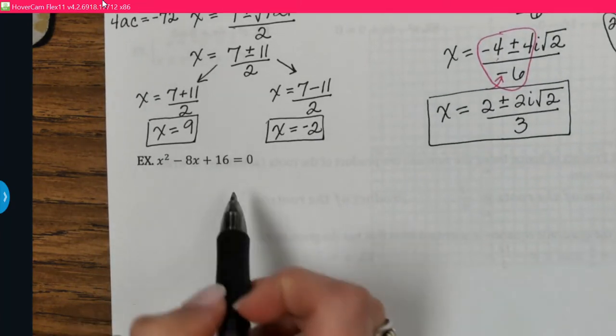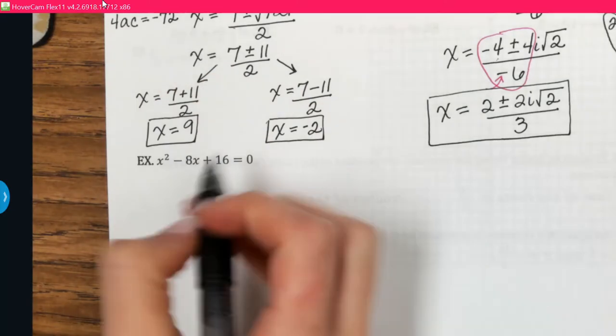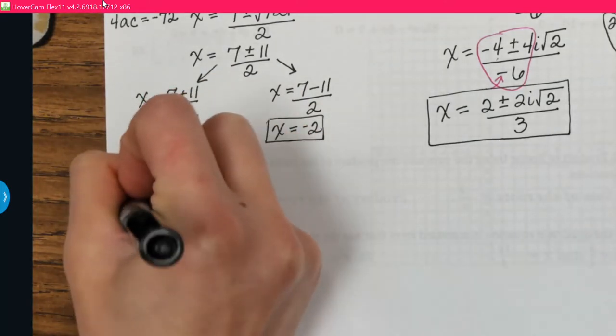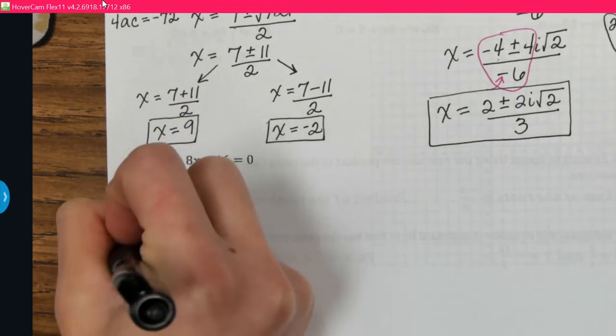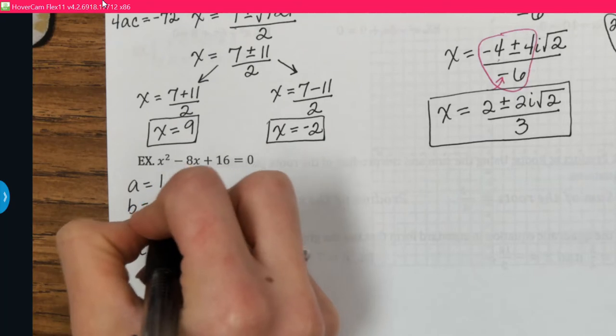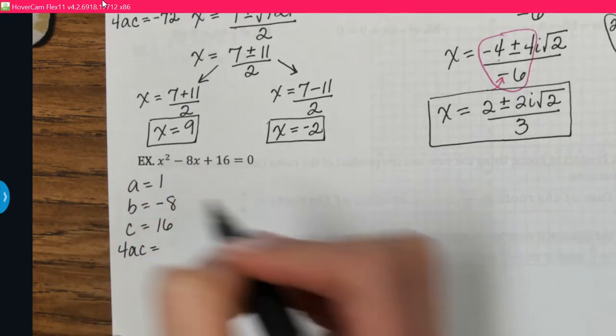So now this third example, we're going to look, it's already equal to 0. So I'm going to identify my values again. So my A is 1, my B is -8, and my C is 16.